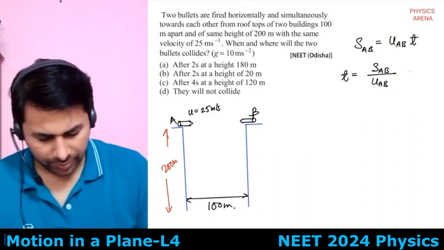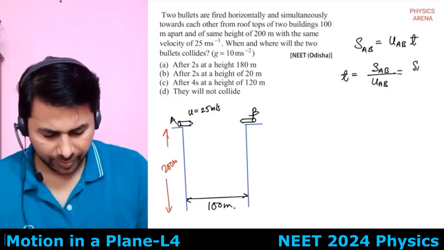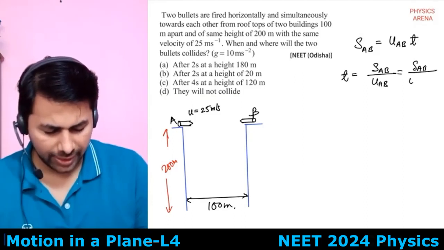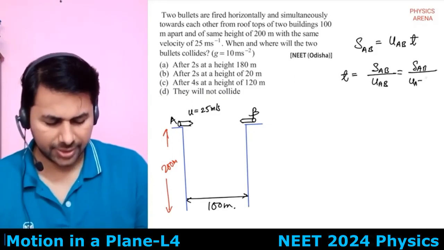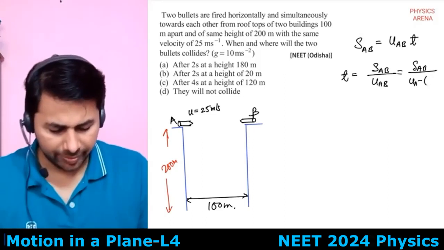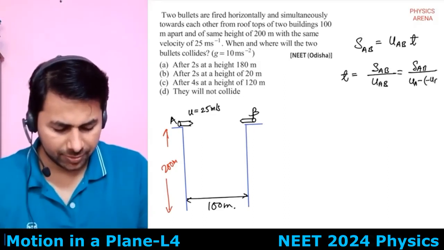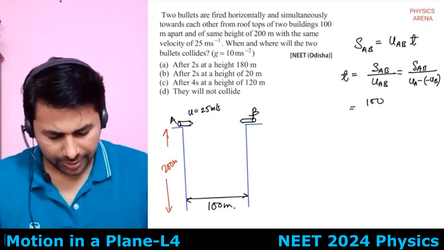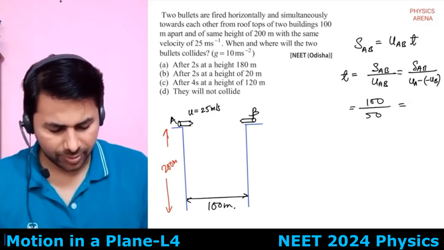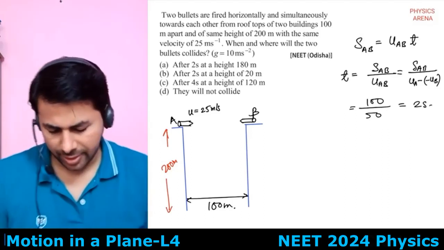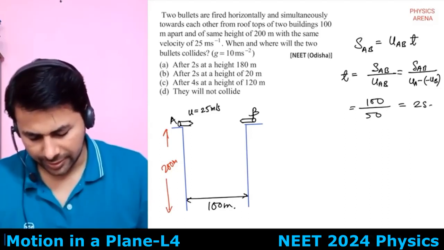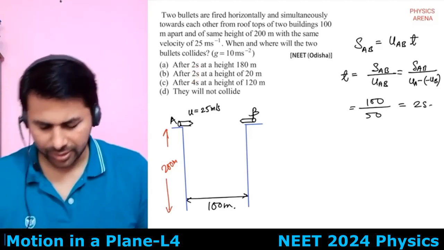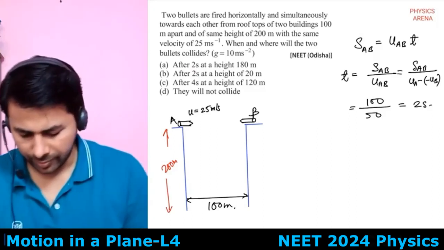So this is equal to SAB divided by UA minus UB, because they are in opposite direction. So this is equal to 100 divided by 50. So the time that you get is 2 seconds. So they collide at 2 seconds, right? 2 seconds, option A or option B.